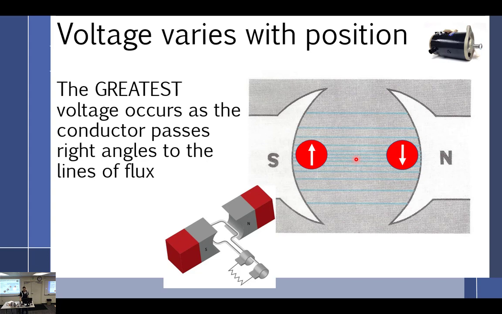When we have that loop of wire that goes through there, represented by these red dots, as that loop of wire is going this way, we have one going down on the north and up on the south. What we say is those conductors are cutting the magnetic lines of flux.